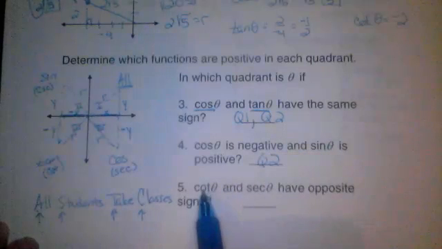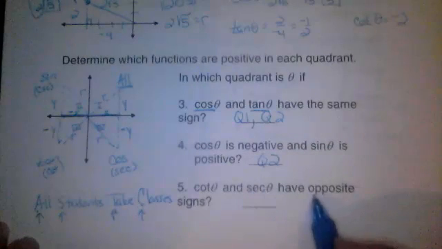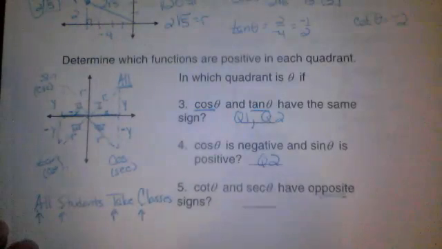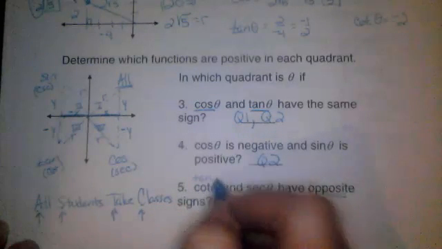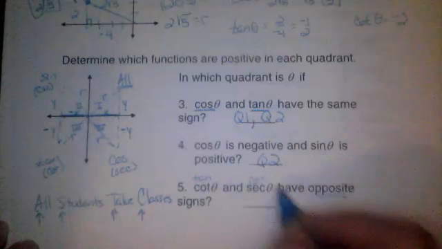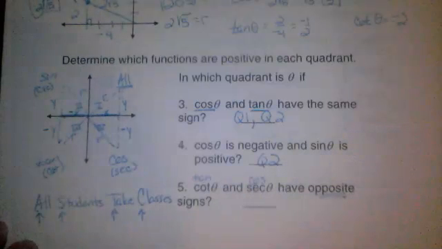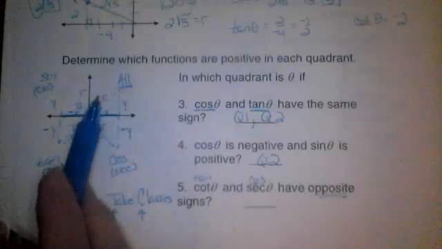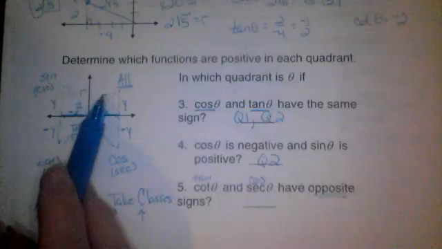All right, cotangent and secant have opposite signs. That means one is positive and one is negative. So remember that cotangent is kind of like tangent, it's a reciprocal of tangent. Secant is like cosine. So the same question could have been asked of tangent and cosine. Where are they opposites? Well, everything's positive in quadrant 1, so they're not opposites there.